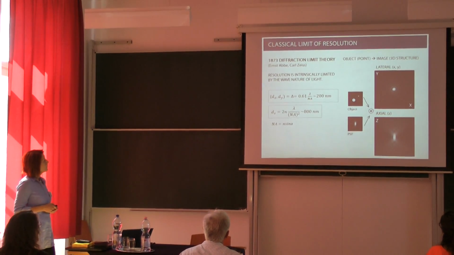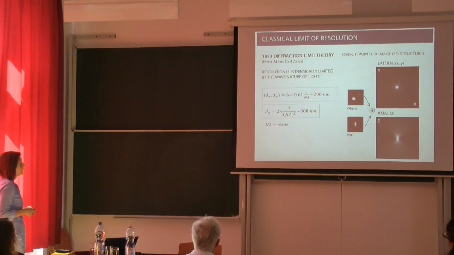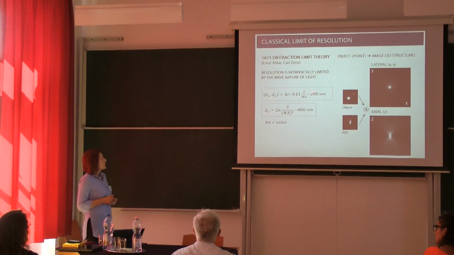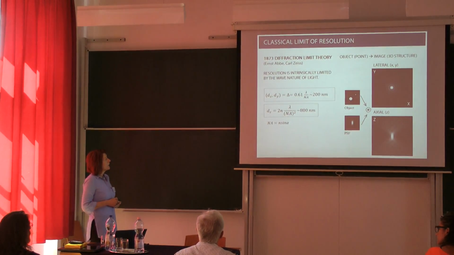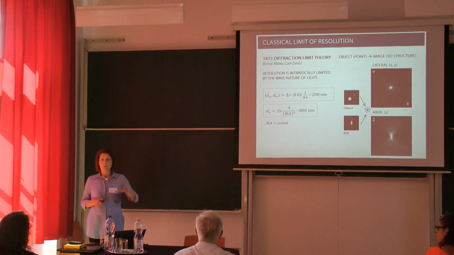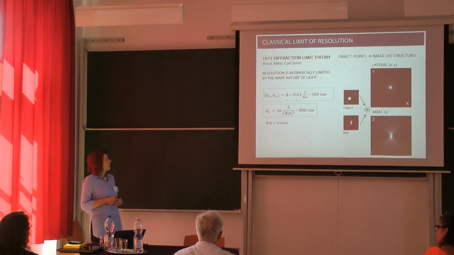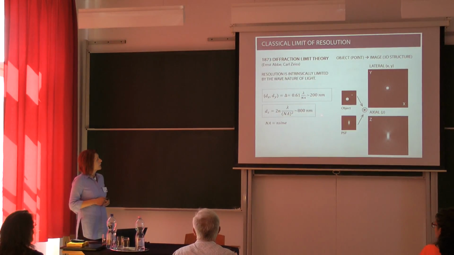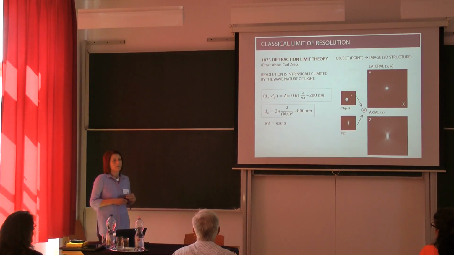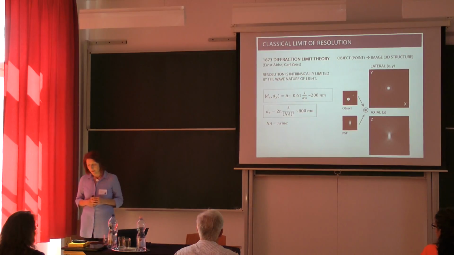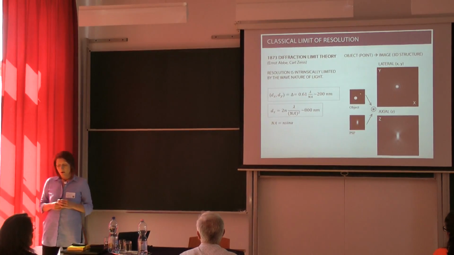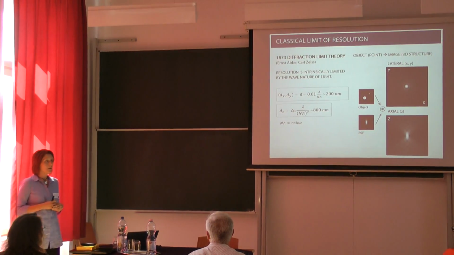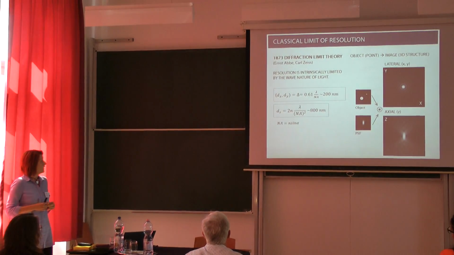The higher the numerical aperture is, the better the resolution is. In terms of numbers, we can get something like 200 nanometers in the lateral direction, and in the Z, the axial direction, the resolution is somewhat worse. We get around 800 nanometers, so we cannot see things smaller than these distances.